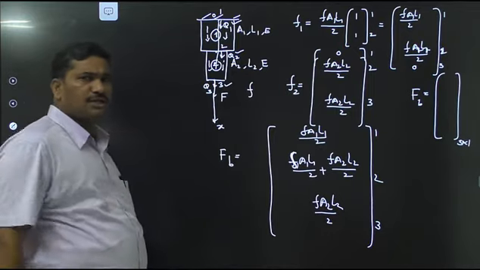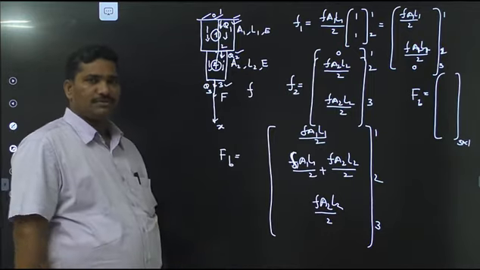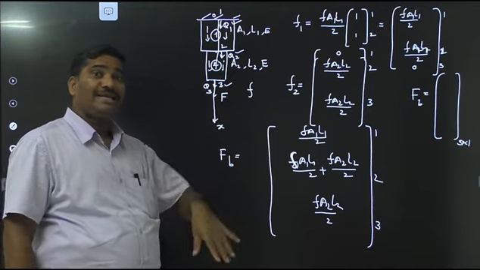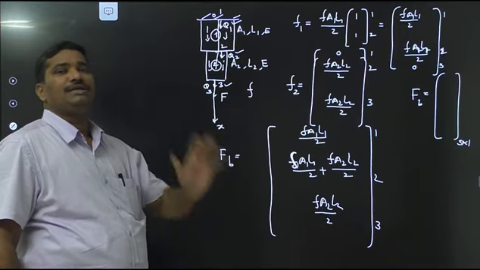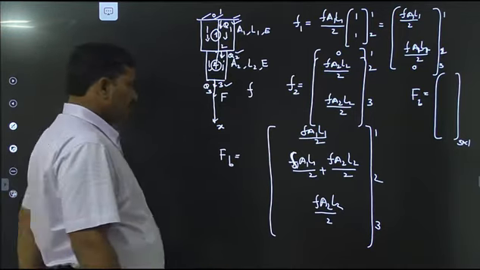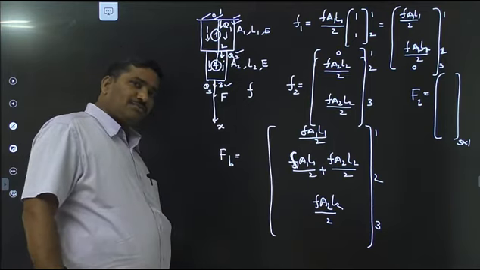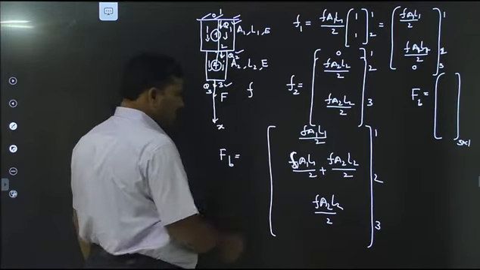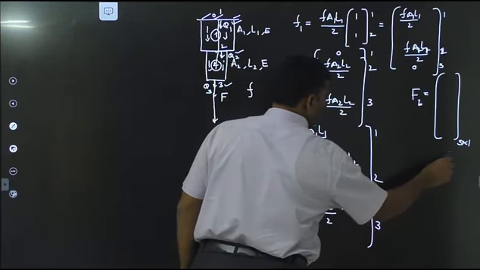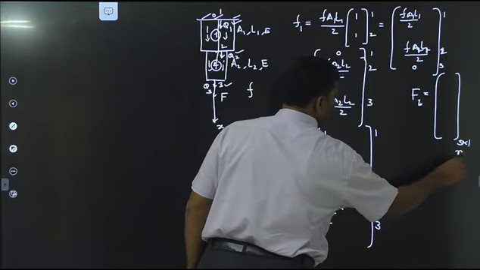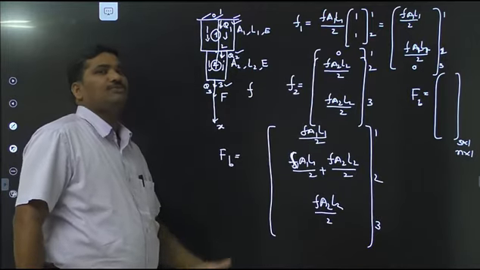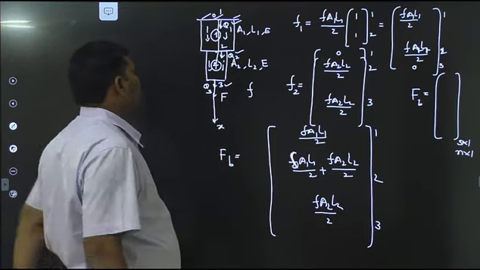Global body force vector is a column matrix with number of rows equal to the total degrees of freedom in the domain. This is how we prepare. If there are n degrees of freedom, then what is the size of this global body force vector? Then the size of the global body force vector becomes n by 1 if there are n degrees of freedom in the domain. This we have to understand.